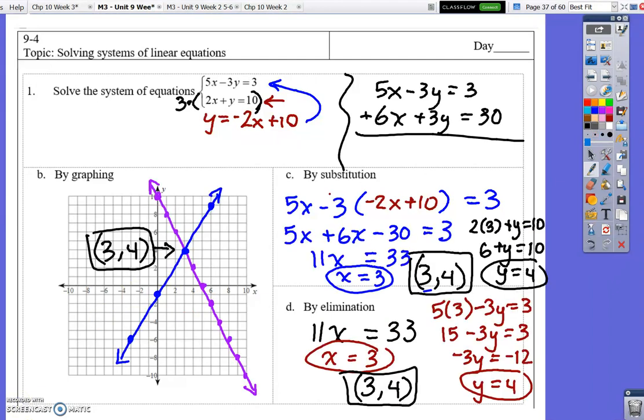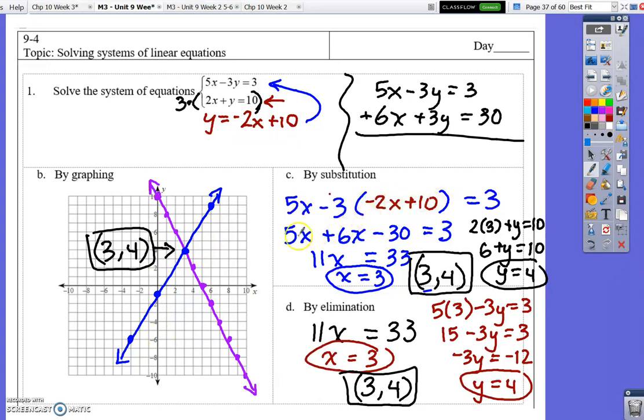So you can see here in the graph, the purple graph is the second line. Y equals negative 2x plus 10, so y-intercept of 10, a slope of negative 2. The blue graph is the first equation, a y-intercept of negative 1, and a slope of 5/3, so of 5 over 3. And they meet at 3, 4.